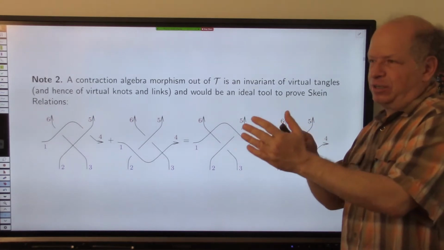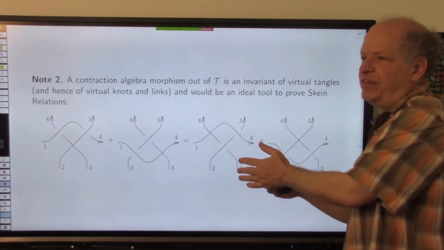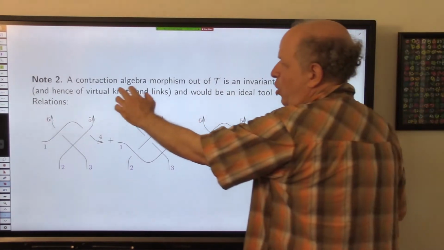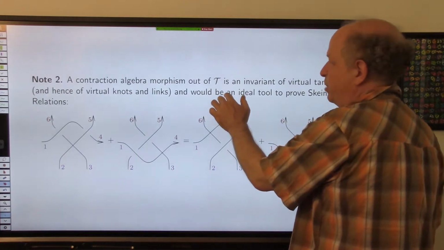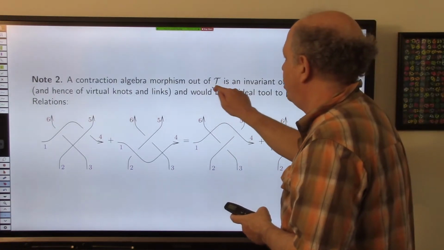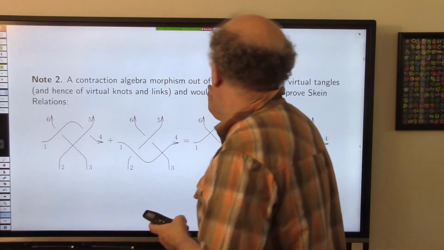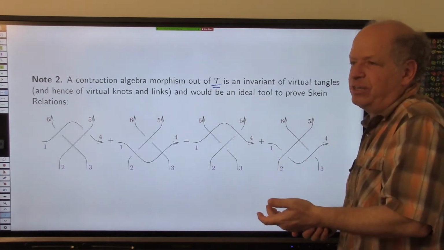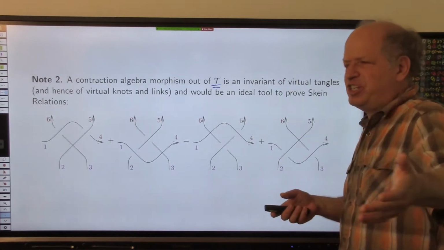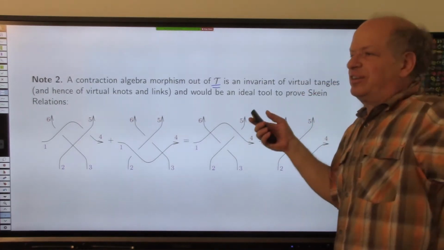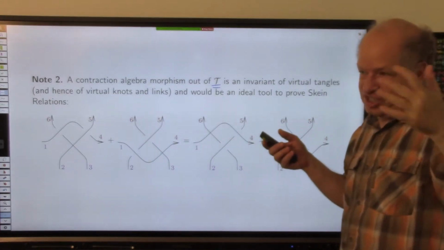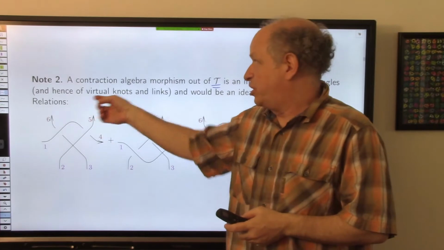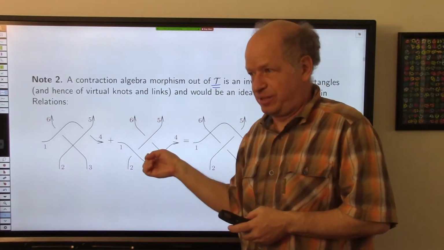It should map the sets of one contraction algebra to the sets of the other while intertwining the operations. So if you have a morphism of contraction algebras from the contraction algebra of tangles into some algebraically defined contraction algebra, something made out of matrices, exterior algebras, tensor powers of vector spaces, something, then you get an invariant of virtual tangles, which is in particular an invariant of knots and links.